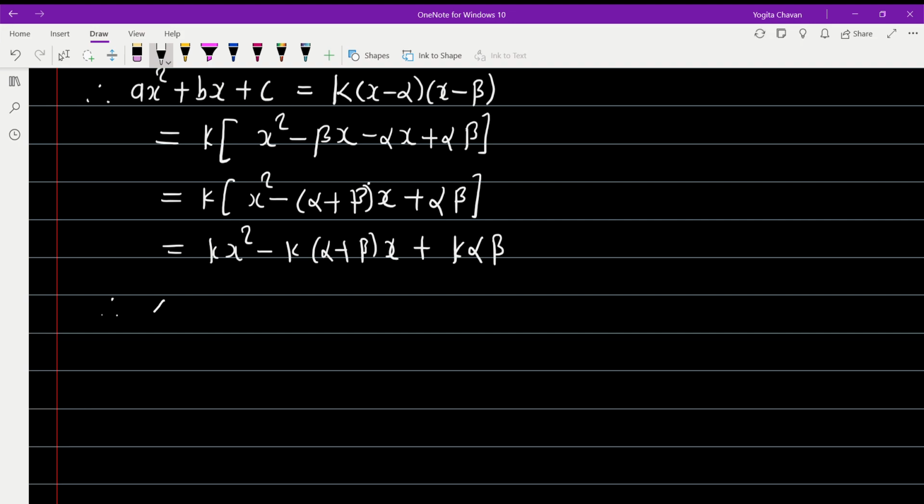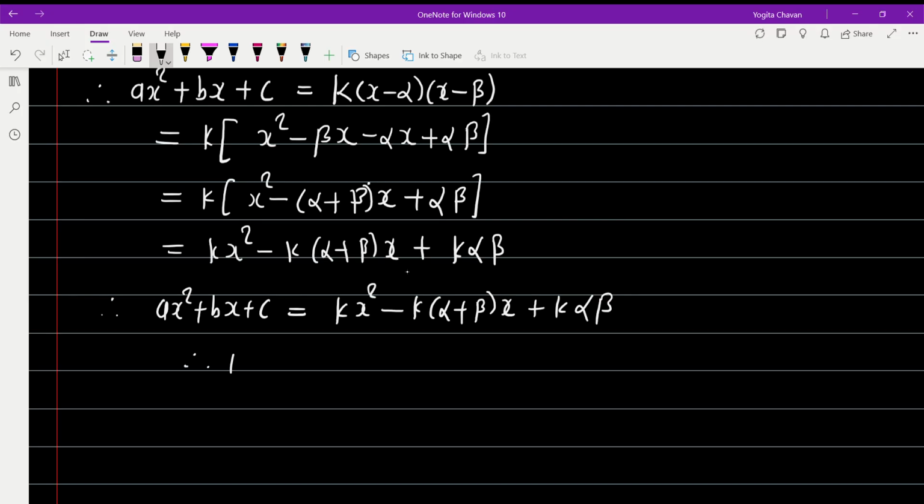Therefore, ax square plus bx plus c is equal to kx square minus k into alpha plus beta into x plus k into alpha into beta. Now compare the coefficients of like powers. So the coefficient of x square on the right hand side is k and on the left side it is a.